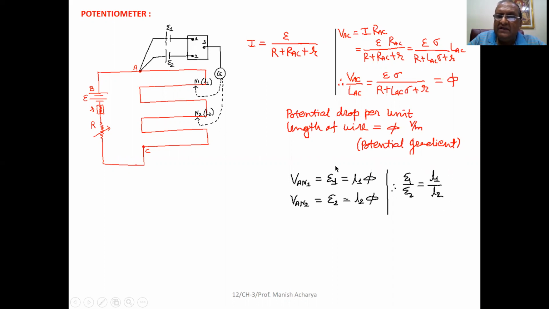So now take the ratio of these two equations. We will get E1 upon E2 equal to L1 upon L2. Now, if we have the value of the potential gradient, then you can calculate the EMF of the cell, and in this way you can compare the EMFs of the cells.